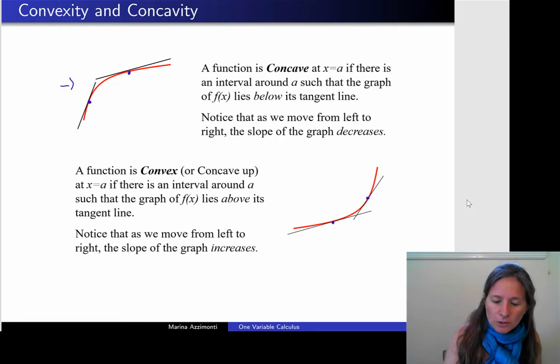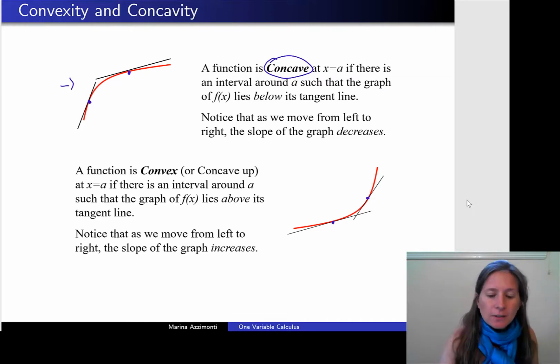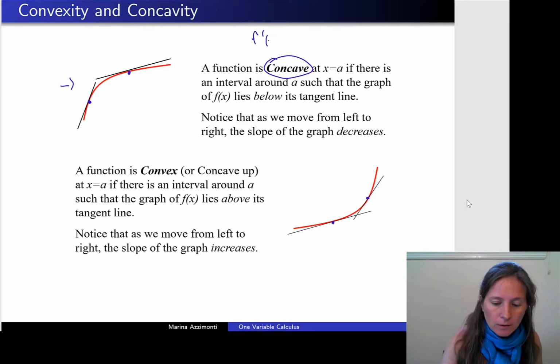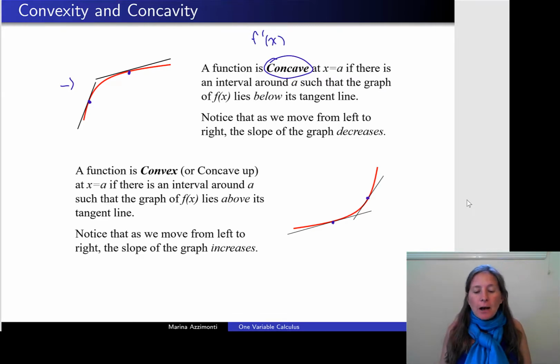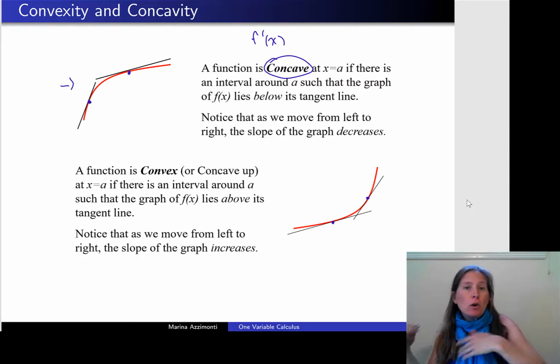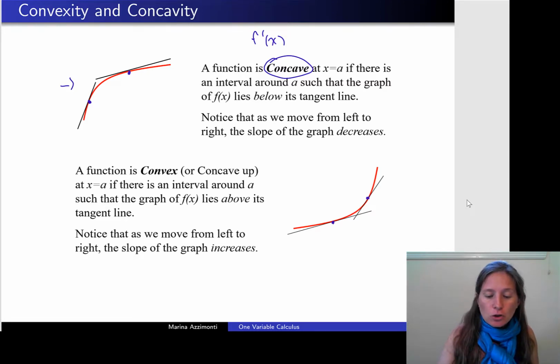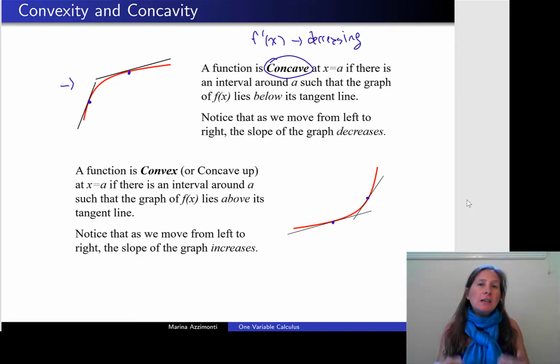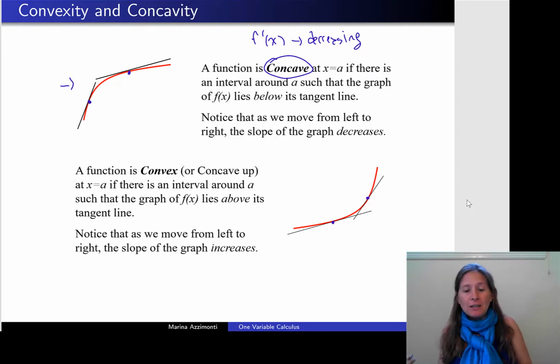So notice, in the case of a concave function, we are saying that the derivative f prime of x is becoming smaller and smaller as we move from left to right. So f prime of x is decreasing. What did we say a decreasing function is? A decreasing function at a point is a function that has a negative derivative.